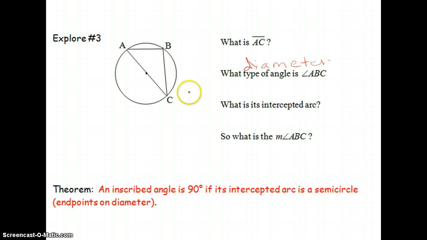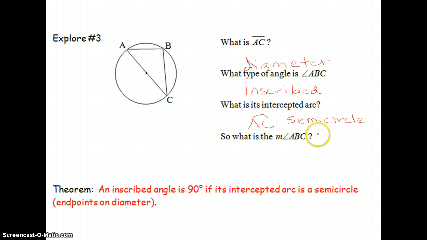What type of angle is angle ABC? Well, the vertex is on the circle. So vocabulary, it is an inscribed angle. What is its intercepted arc? You'll notice the endpoints here. We have A, C, so the intercepted arc is arc AC. And you'll also notice that AC, since it's the diameter, then that intercepted arc would be a semicircle.